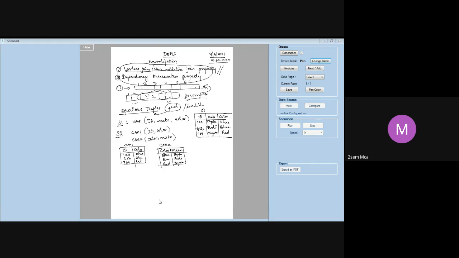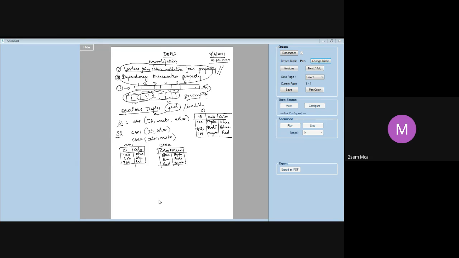Again, I have one more table 1, 4, 5, 6. I have broken it into two smaller tables. Now I check these smaller tables for normalization. It is normalized. Okay. Now, when I try to join these two tables again, I should get back all the attributes in all the tuples that are there in the original table. Correct? You have split that table. I can join them again so that I get back the original table.